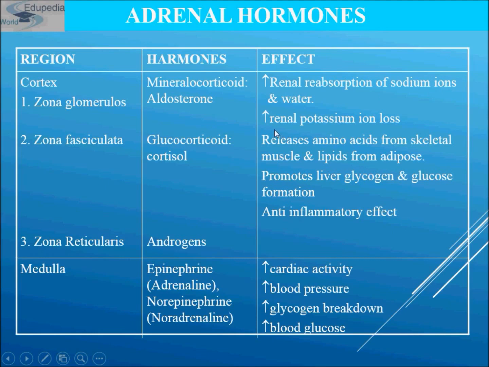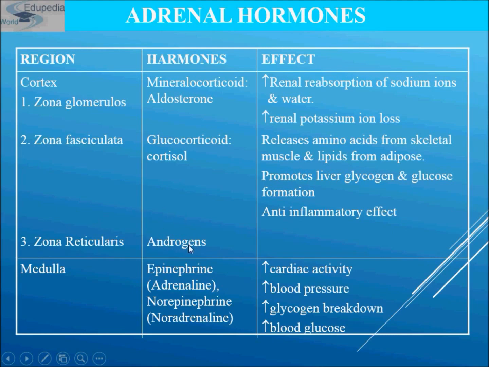It also increases renal potassium ion loss. And Zona Fasciculata secretes hormone glucocorticoid, more specifically cortisol. It releases amino acid from skeletal muscle and lipid from adipose. It promotes liver glycogen and glucose formation, which I have already taught you. And third layer is Zona Reticularis, which produces androgens.